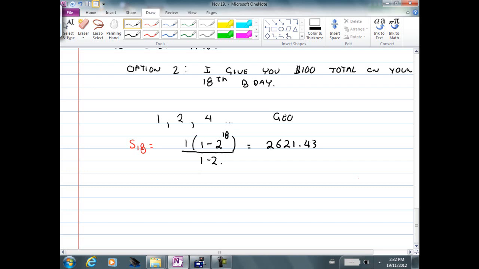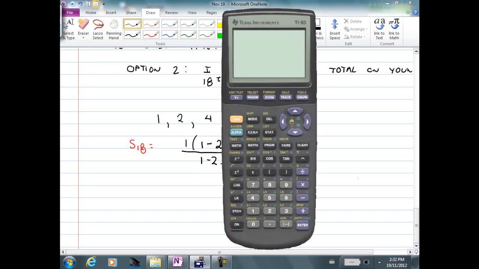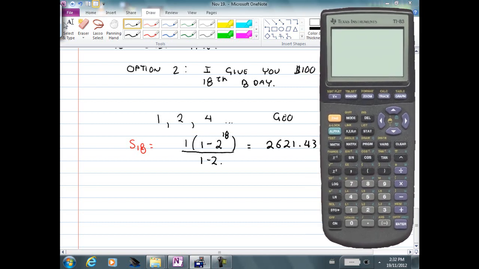But this is in terms of pennies. Is that dollars? Wouldn't it be like 200? Nope. So let's do this slowly. If you're lost, again, I go 1 minus 2 to the power of 18. That gives me that, divided by negative 1.